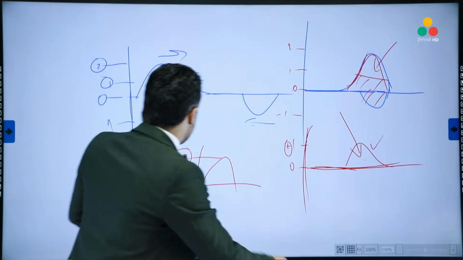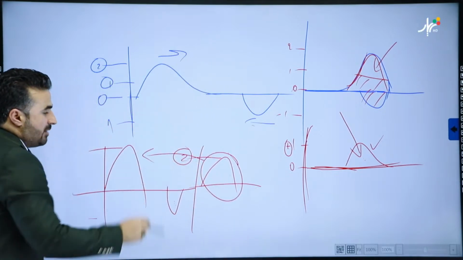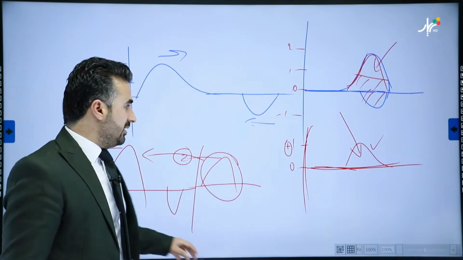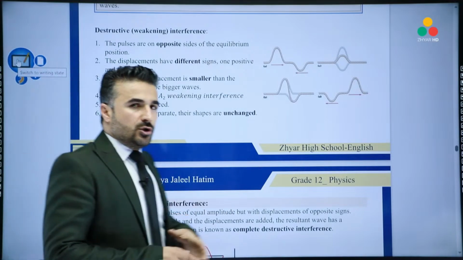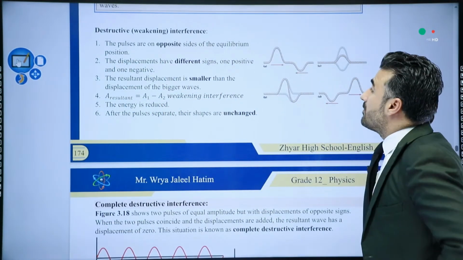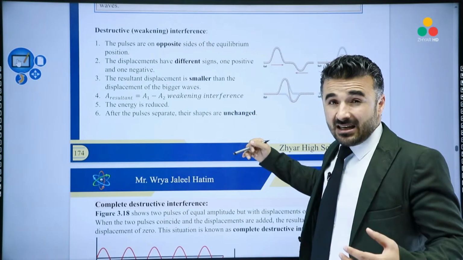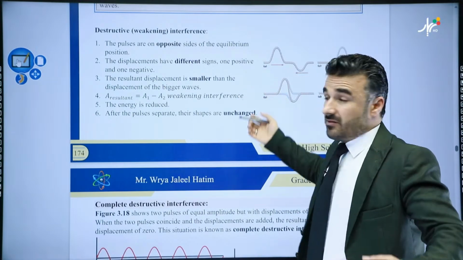But the resultant amplitude will always be smaller than the amplitude of the wave with the greatest amplitude here. Okay, so I hope the idea is clear enough. After the two waves separate, of course, they will go back to their original shape. And this is the reason, because the resultant amplitude will be less than the amplitude of the bigger one.